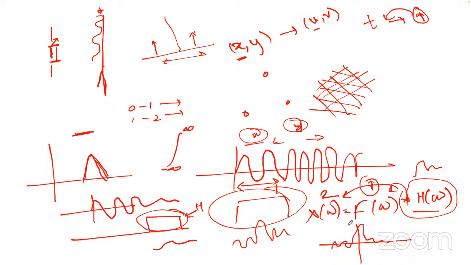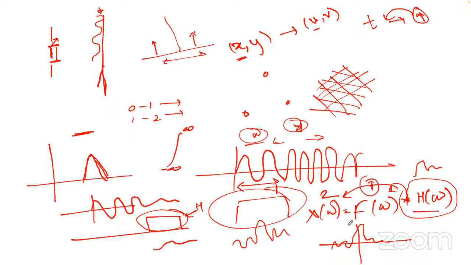There are certain filters like the Gaussian filter, the Gaussian function. If you Fourier transform a Gaussian function, you will get again a Gaussian function. So the function shape doesn't change, and it is very easy to deconvolve that from the original signal.